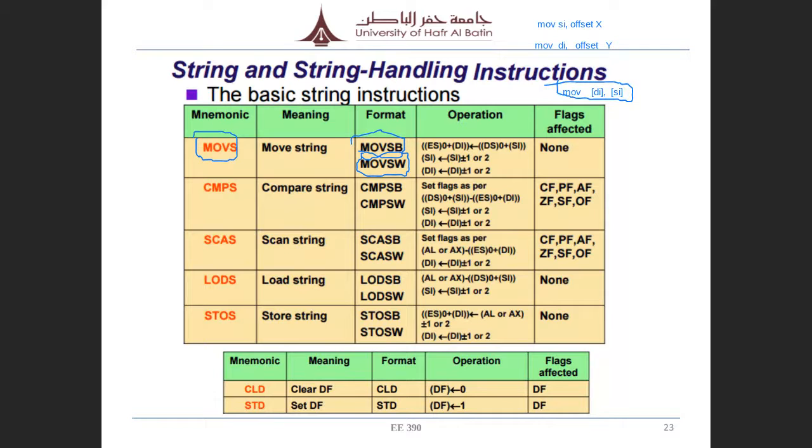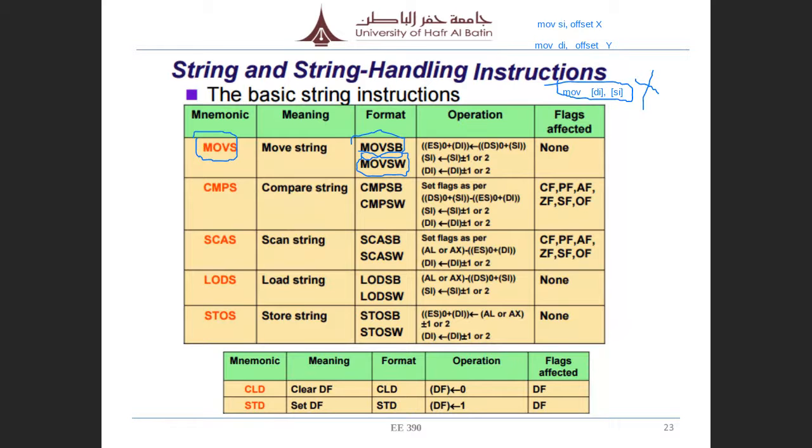That's why, as you can remember, in one of the exercises in homework 1 or homework 2, probably, the question was: what is the mistake in this kind of instruction?